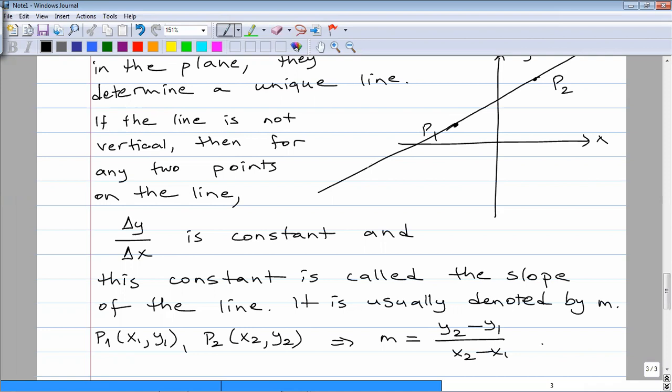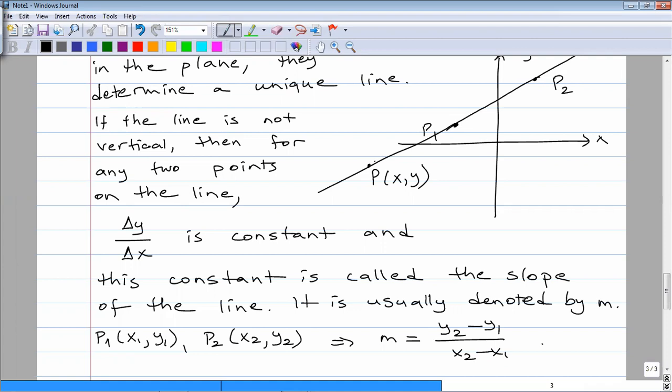Now if you take an arbitrary point P with coordinates (x, y) on the line, in order for P to be on this line, the ratio from P to P1 must be the same number m.